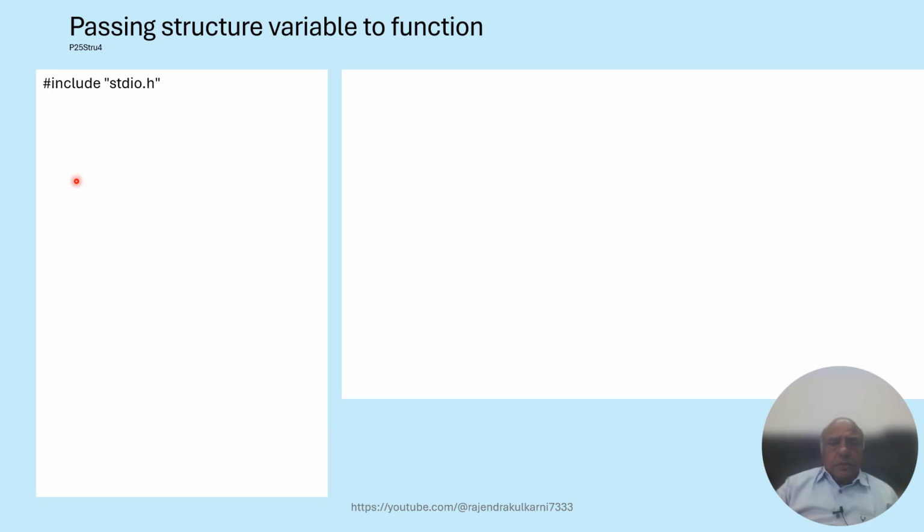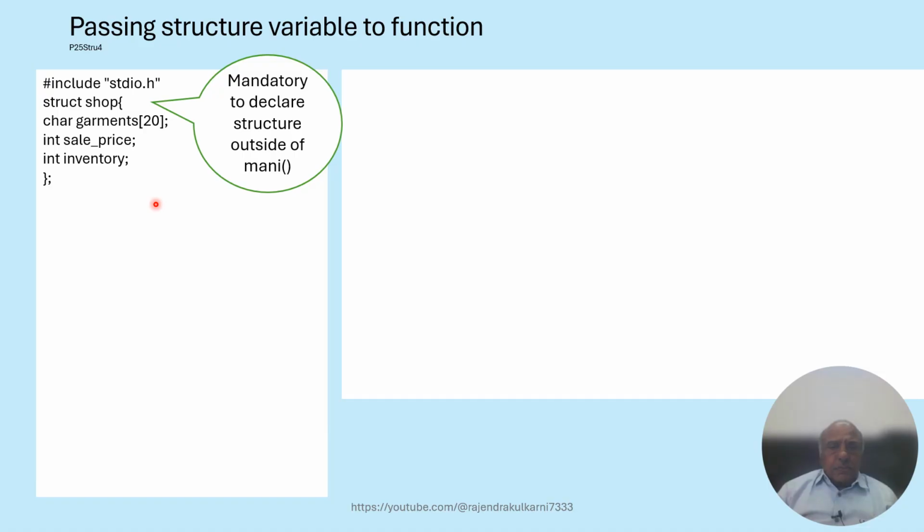Now in this slide, we are going to see how structure variables are passed to the function. We have declared a structure called shop having three variables. One is a string variable named garments, another is an int variable, and the third one is also an int variable. We have seen in our earlier programs that a structure can be defined within main or it can be defined outside of main.